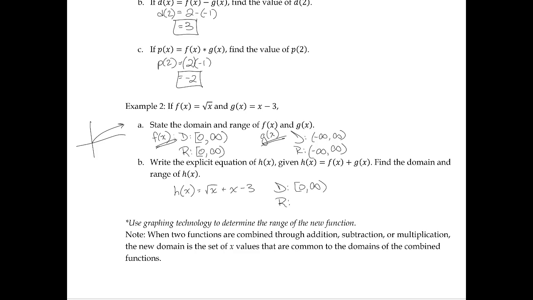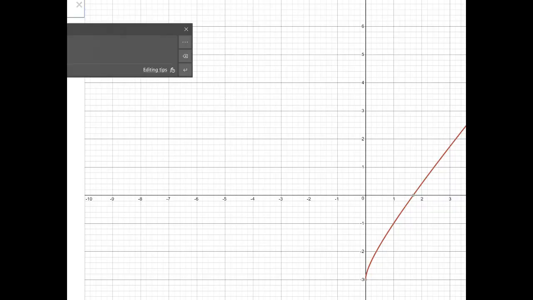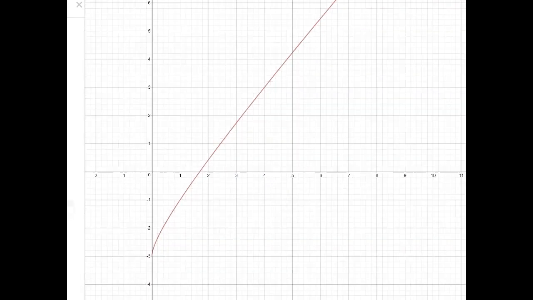My range, on the other hand, might be a little bit different. Okay, so this might shift it downward a little bit. Using graphing technology would be your best option, just so that we can acknowledge that this has changed. So if I enter my equation on Desmos, this is the graph that shows up. So we still see that defined x cannot be less than 0, but like we saw earlier in this unit for transformations, that -3, that constant at the end, is impacting where my graph is starting.